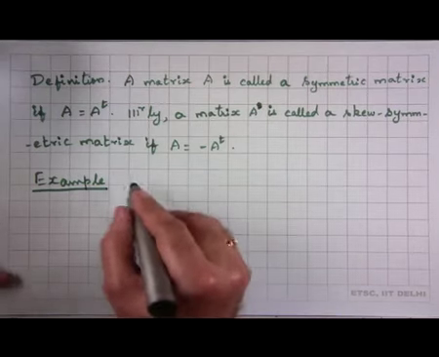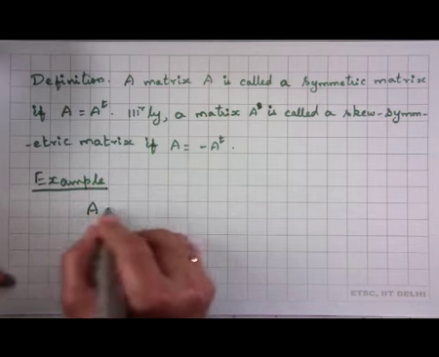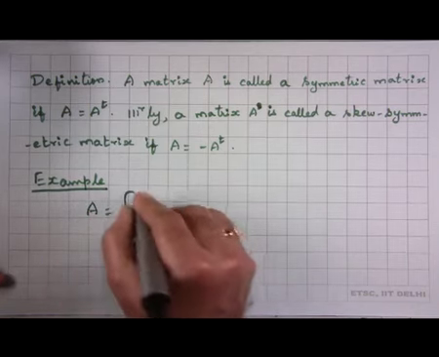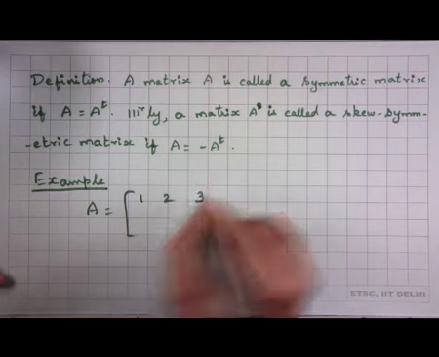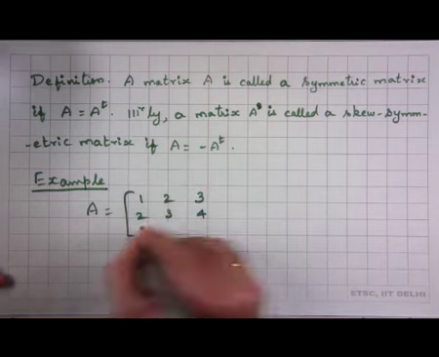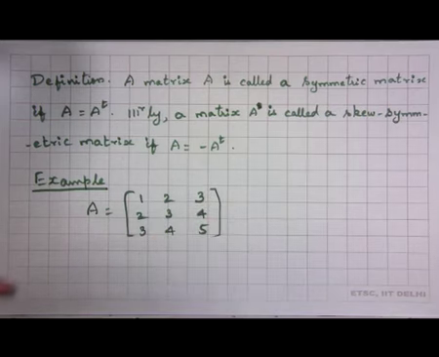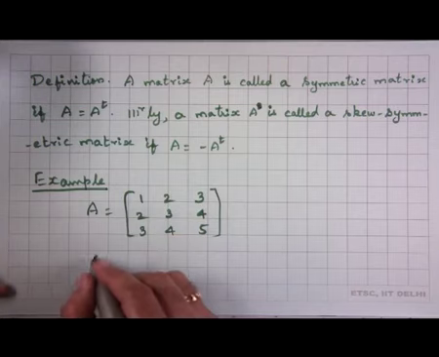Let us look at this one. A is 1, 2, 3, 2, 3, 4, 3, 4, 5. So, let us first try to calculate A transpose.